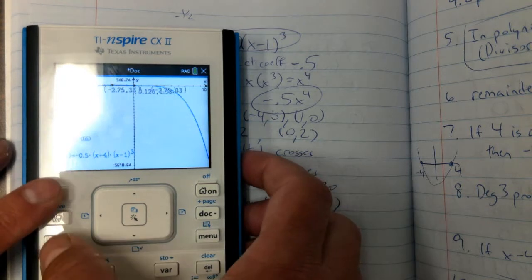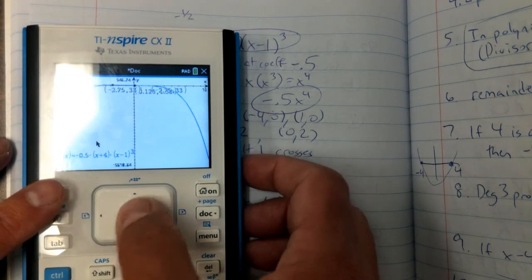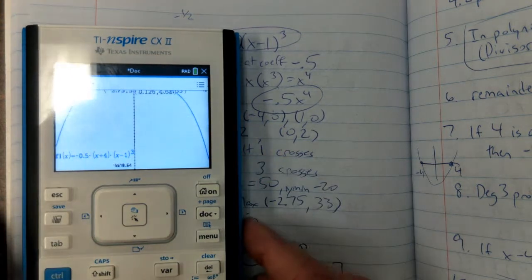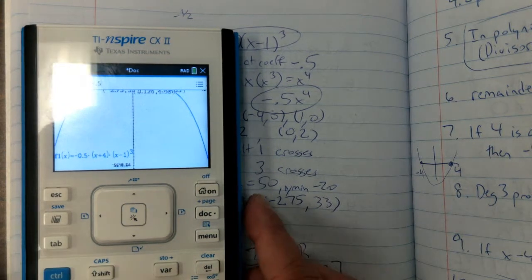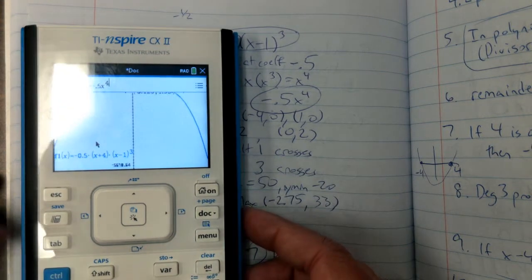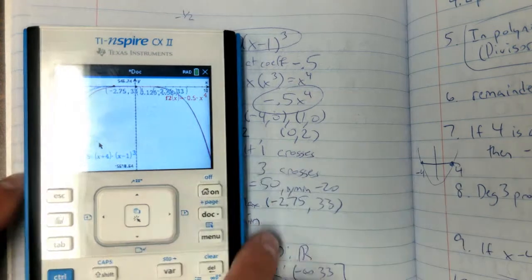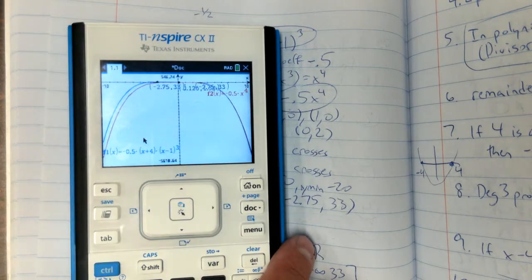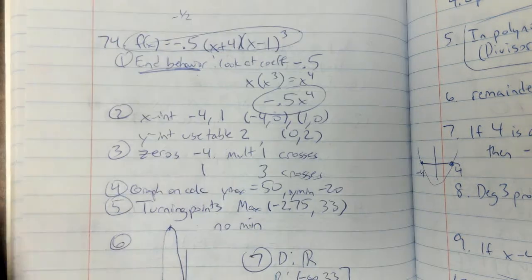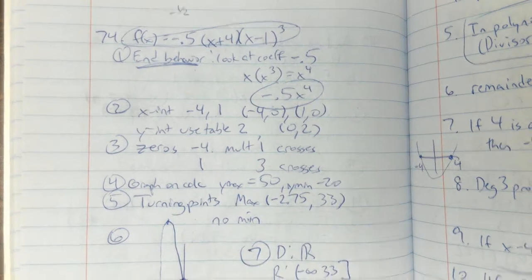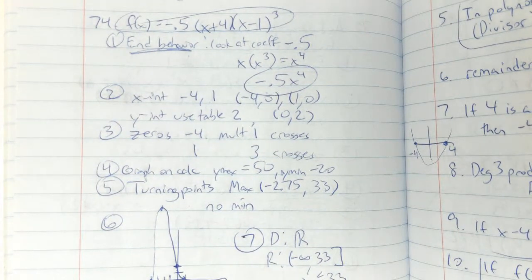Okay, -0.5 x to the 4th, which has a red graph. And so you can see they're pretty close. Okay, so that's the end behavior.